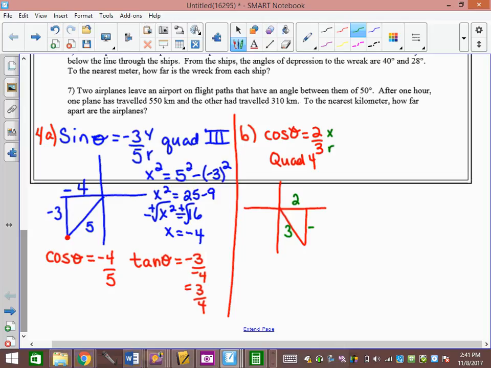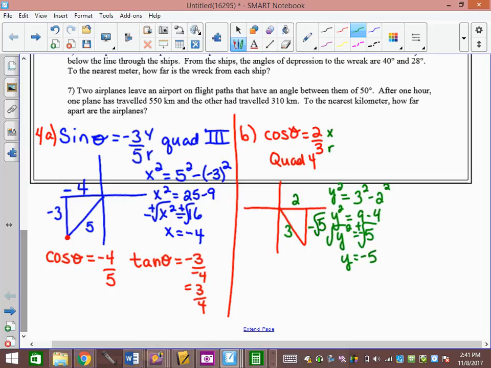Because if I'm having any points in quadrant 4, y is negative. So y squared equals 3 squared minus 2 squared. Y squared equals 9 minus 4. Y squared equals 5. Square root, so you get plus or minus root 5, and in this case it's minus root 5.